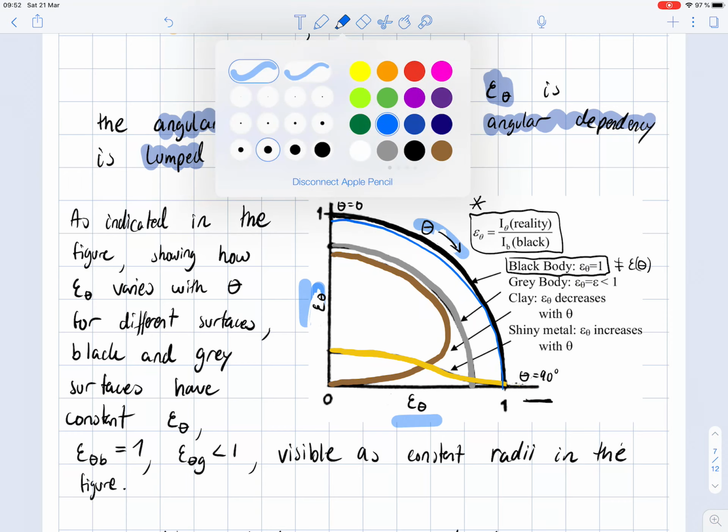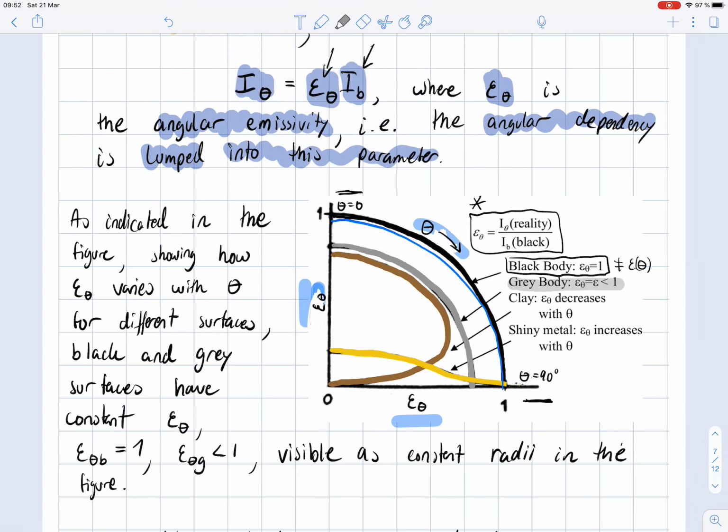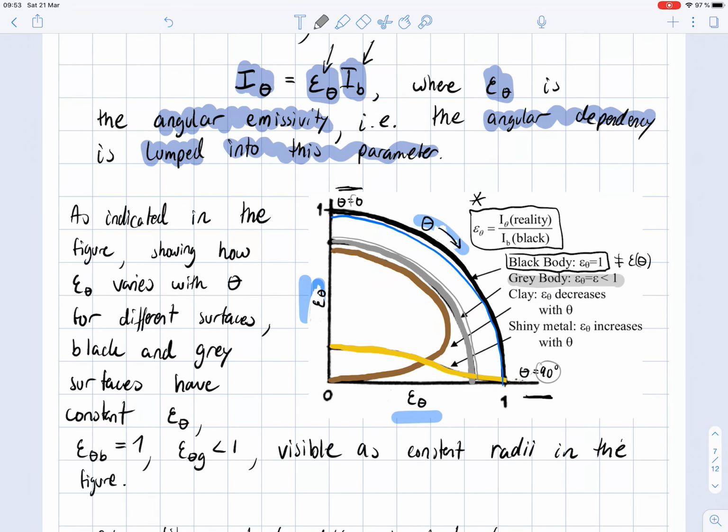For a gray body, the same is true, except that we have an epsilon theta which is smaller than 1. So we get this curve here, where we still have the same value of epsilon for all angles. The brown curve that we have here is for clay.